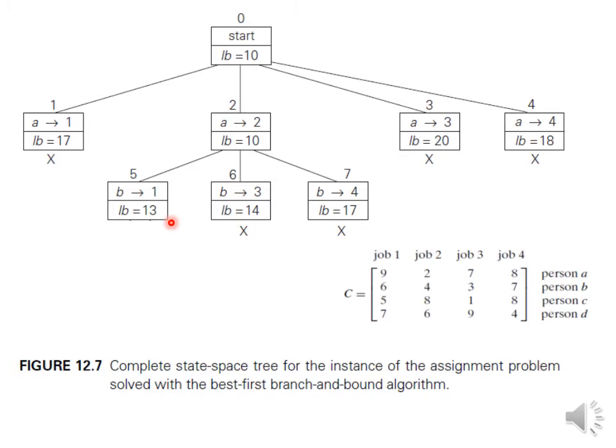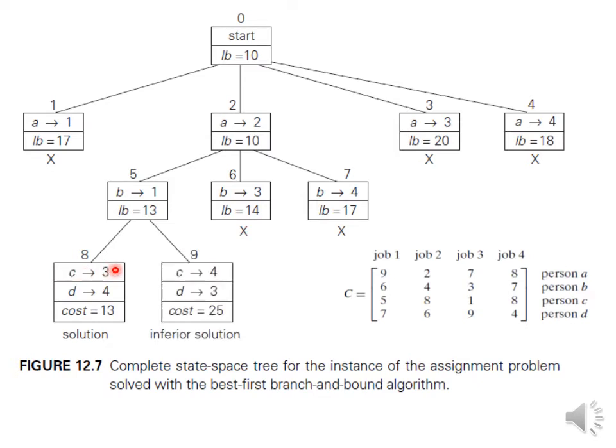C is assigned with some job. There are two options available for us. C can be assigned with 3 because A is already assigned to 2, B is already assigned with 1. So what remains is C can be assigned with 3 and C can be assigned with 4. These are the two options we have.